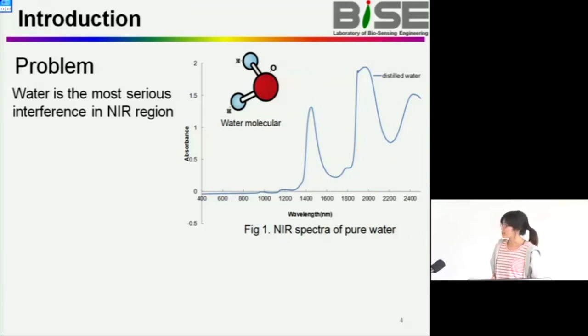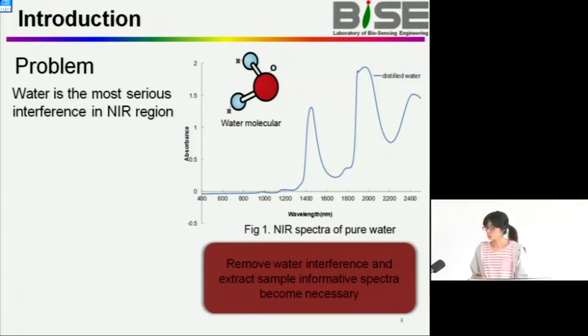These 2 peaks are caused by OH bond motions in water. Usually, water absorption is much higher than the sample in this experiment, much higher than CGA. So how to remove water interference and extract the informative sample spectrum becomes important.